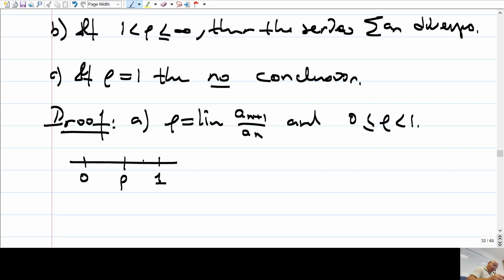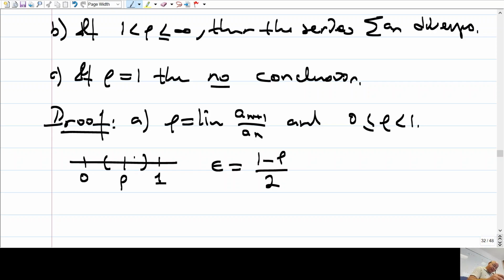Therefore, I can choose a number like this so that the terms of the sequence will fall into this gadget for big enough indices. For example, I can choose this radius, let's say epsilon, to be (1 minus rho) over 2. Okay, so half of this distance.